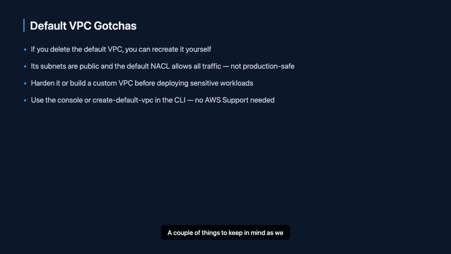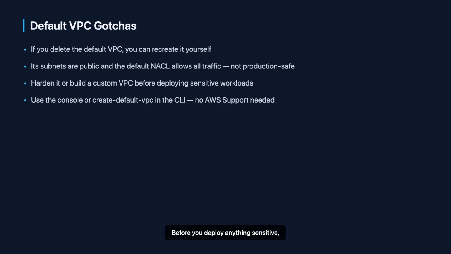A couple of things to keep in mind as we close this out. First, here's some good news that surprises people. If you delete your default VPC, you can recreate it yourself. Now, why might you want a fresh one? Because the default VPC's subnets are public and its default network ACL allows all traffic, it isn't production safe out of the box.